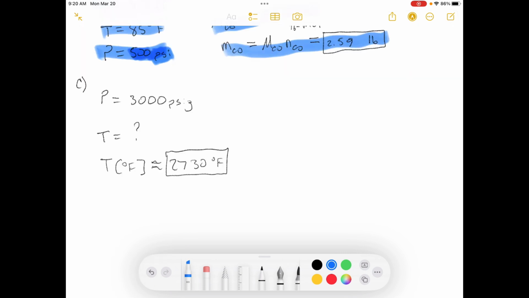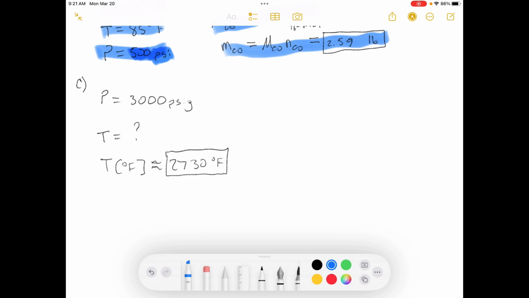All right, and Part C says: approximately to what temperature in degrees Fahrenheit would the cylinder have to be heated to increase the gas pressure to 3000 psig, the rated safety limit of the cylinder? The estimate would only be approximate because the ideal gas equation of state would not be accurate at pressures this high.